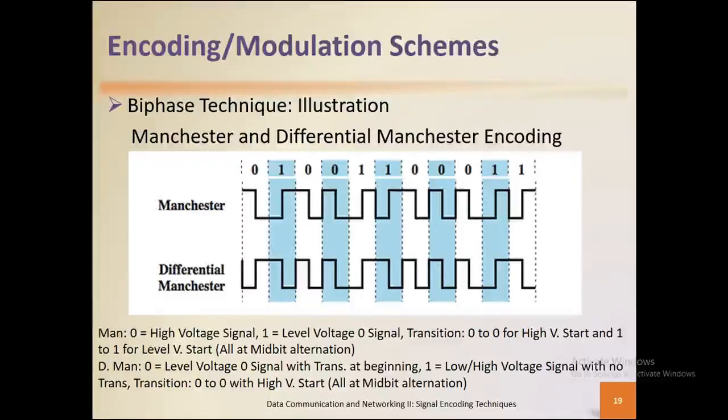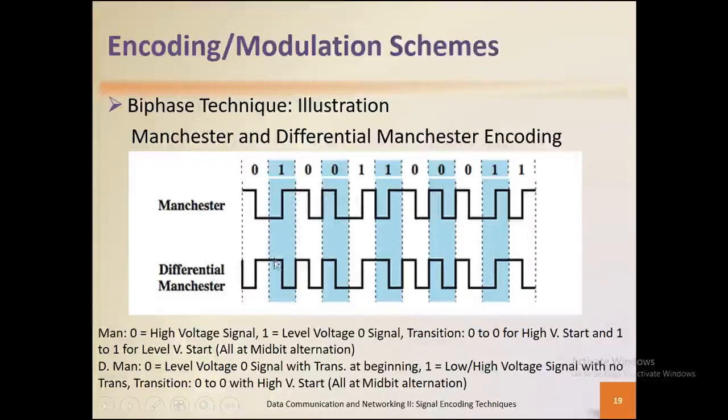That's the differential, which gets a bit interesting because of the transitions that we have, especially the 0 to 0 with high voltage starts, and 1 equals a high or low voltage signal with no transitions. So if you notice, the ones are alternating.